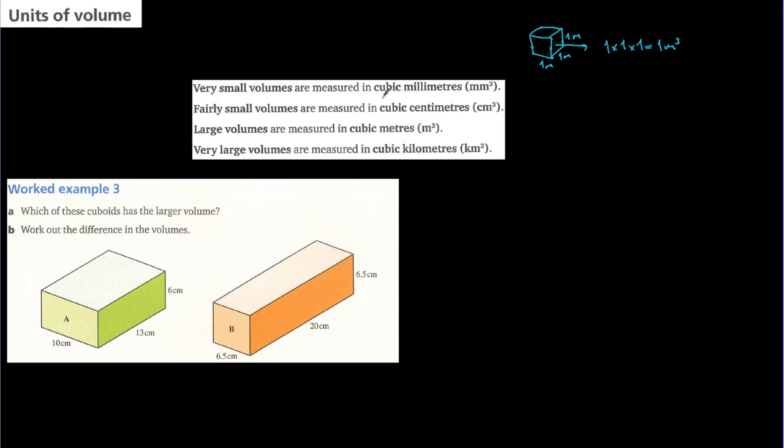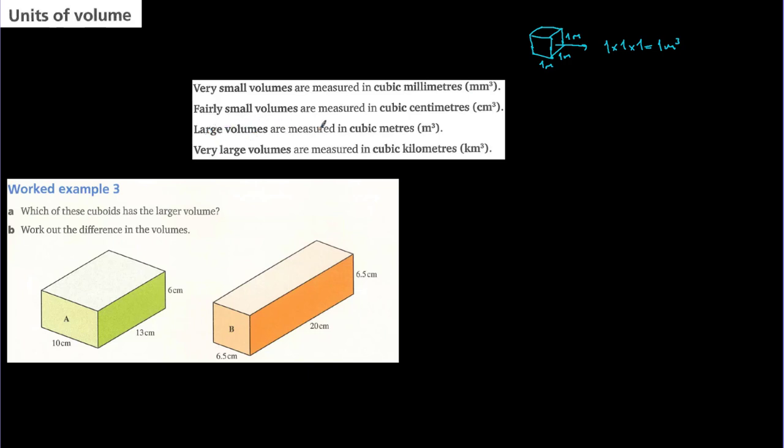For very small measured volumes we use cubic millimeters, or centimeter cube, or meter cube, or kilometer cube. With respect to size, very small volumes are in centimeter cube.